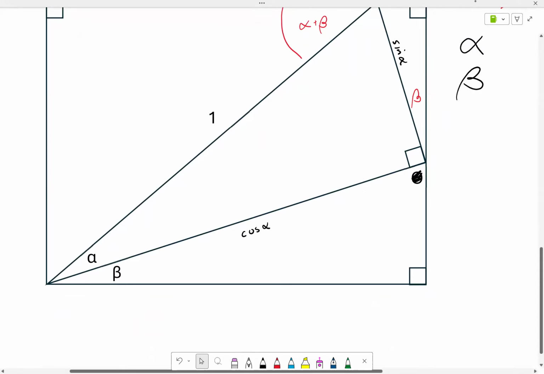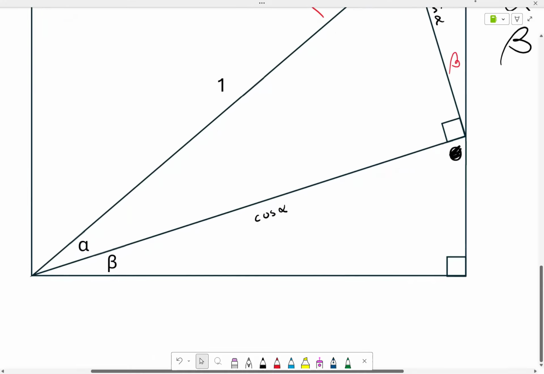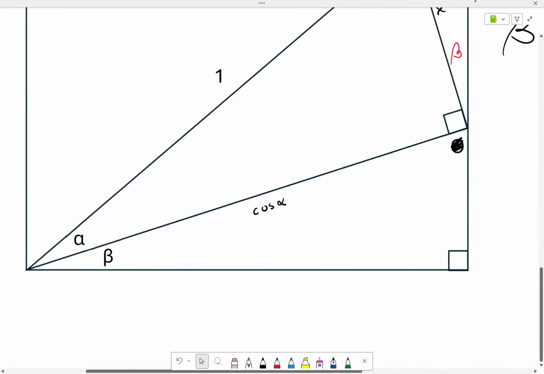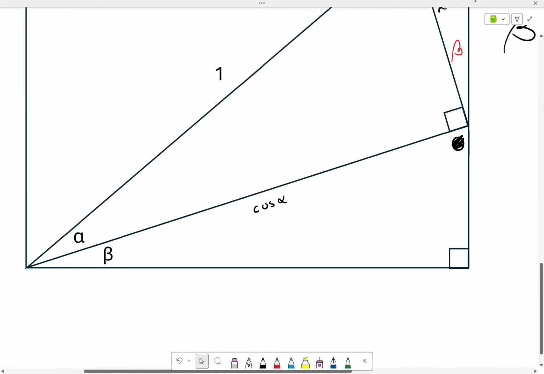Check with your neighbor. Cosine alpha. Beta times cosine. Okay.